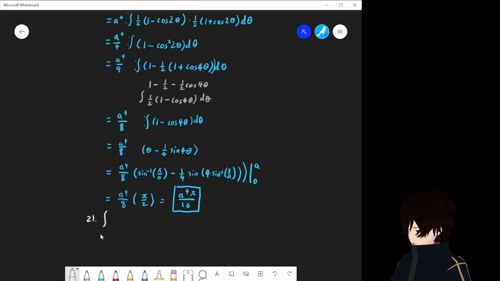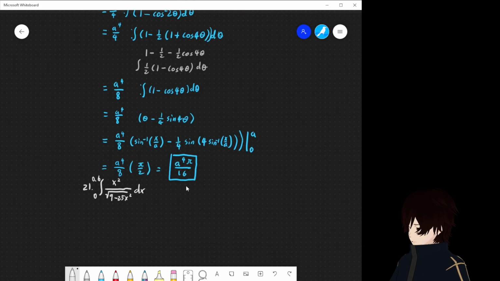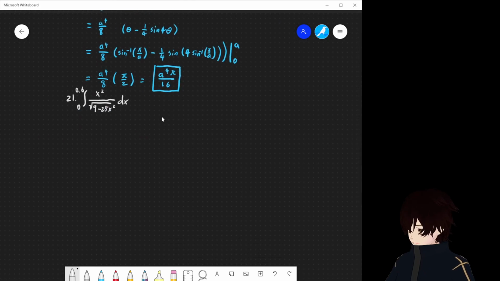21 is the integral from 0 to 0.6, that's what it seems like, of x squared over the square root of 9 minus 25x squared dx. Double check to make sure I wrote everything correctly.